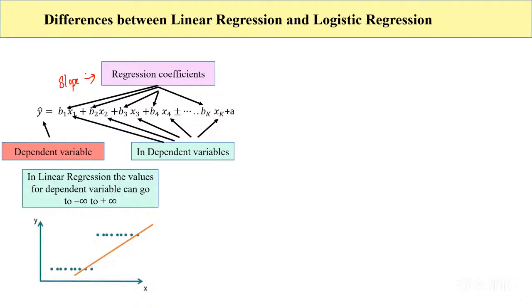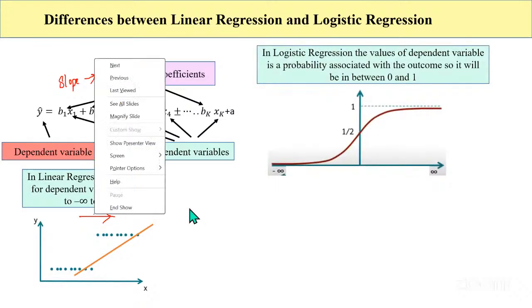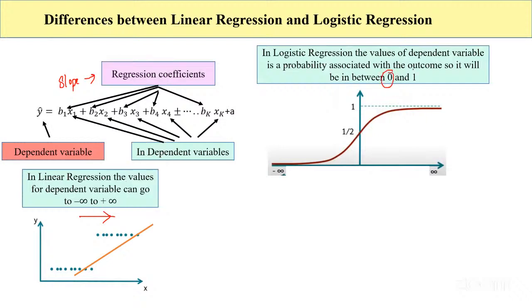Linear regression has a value that lies between minus infinity and infinity. But the logistic regression talks about the probability between 0 and 1: either you have disease or you don't. By seeing the features of a sample, we try to classify that person into either this category or that category.